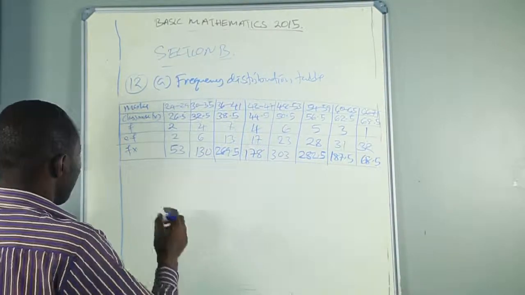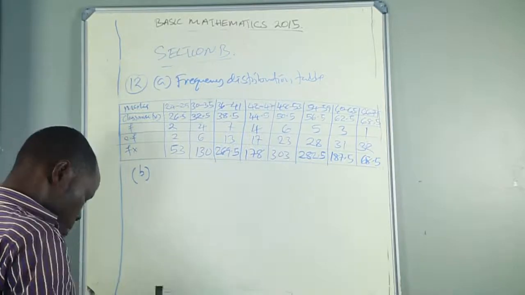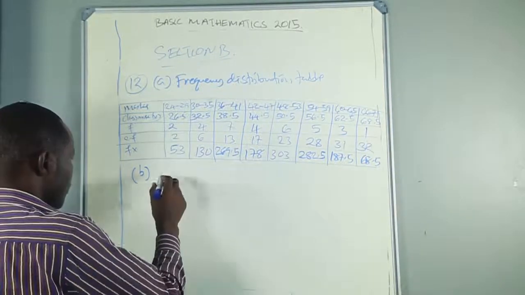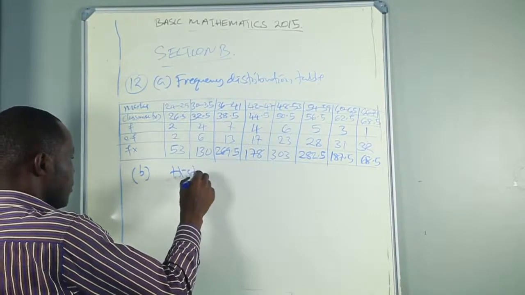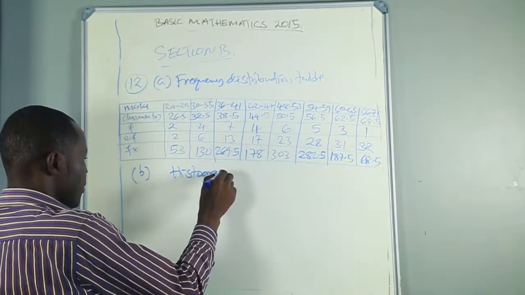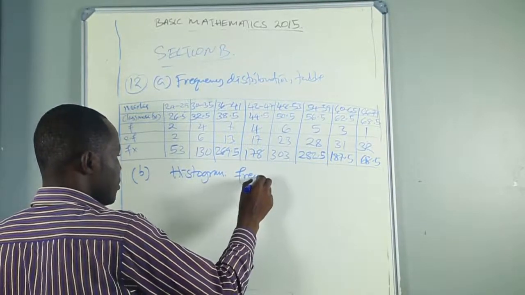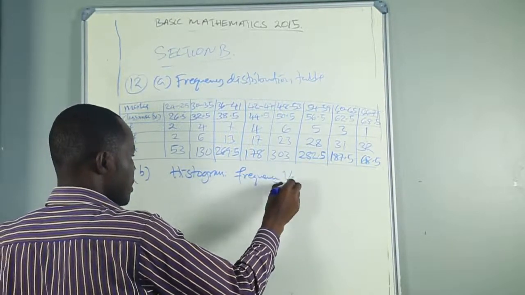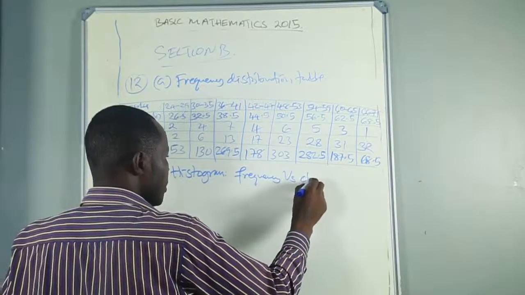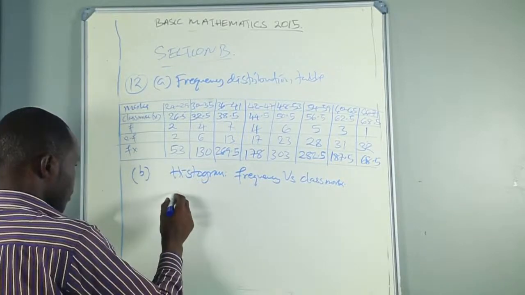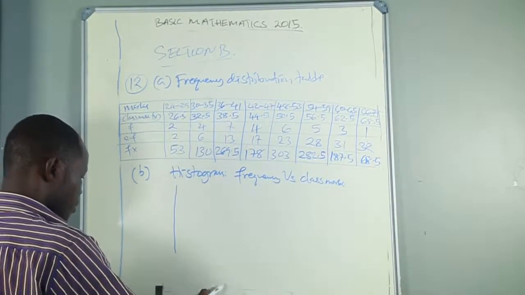Then part B. Part B is draw the histogram. We draw the histogram, frequency against class mark. Frequency.